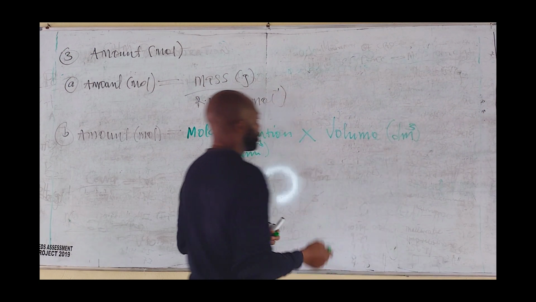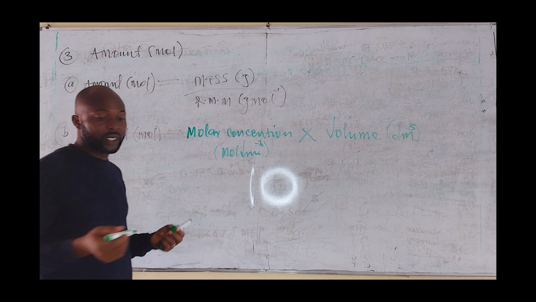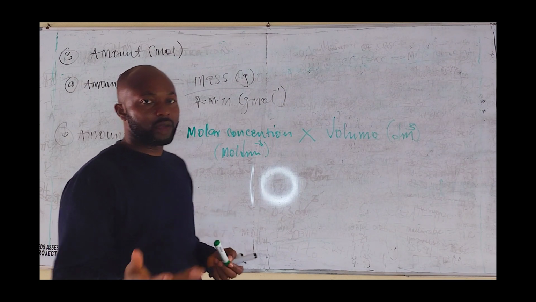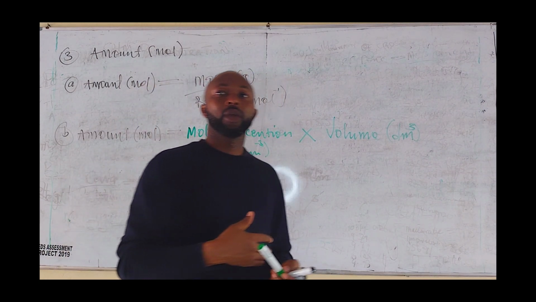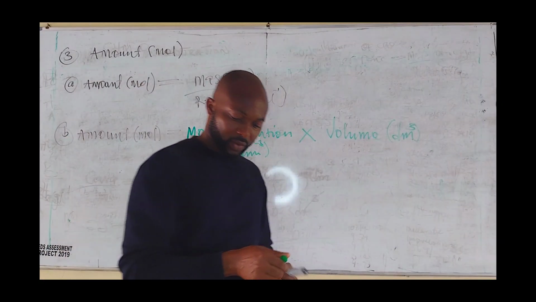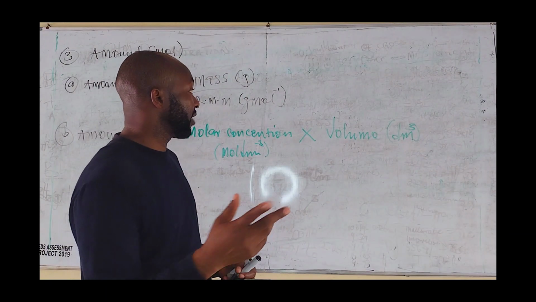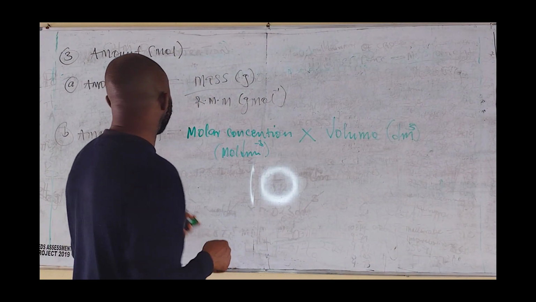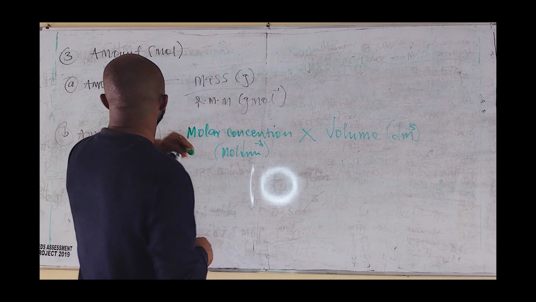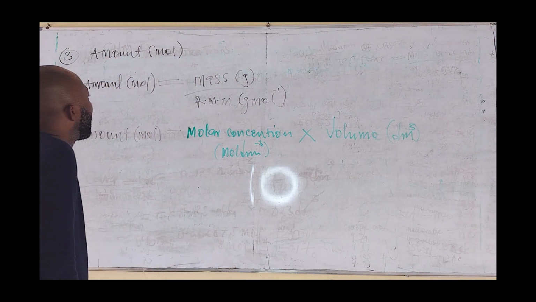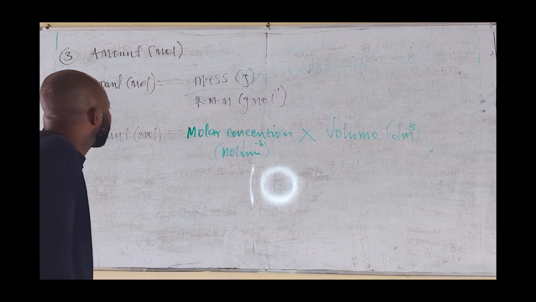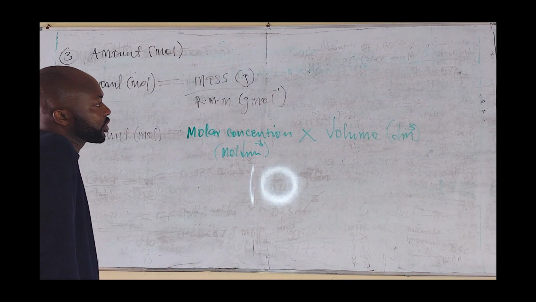So the volume, most of the time they give it to you in cm³, we convert it to dm³ by dividing by 1000, whatever it is that is given to you. So now we have amount equal to mass over relative molecular mass, and amount also is molar concentration times volume.